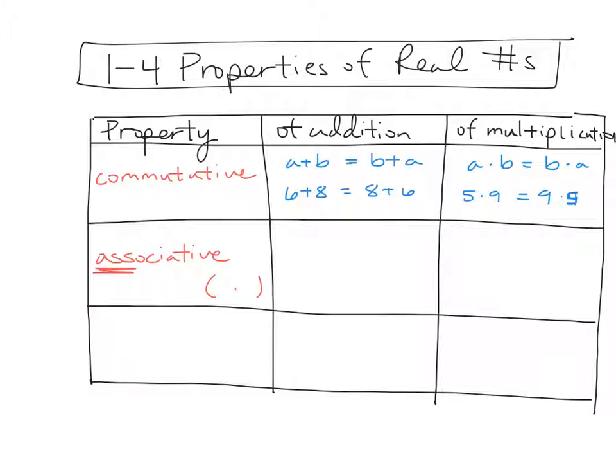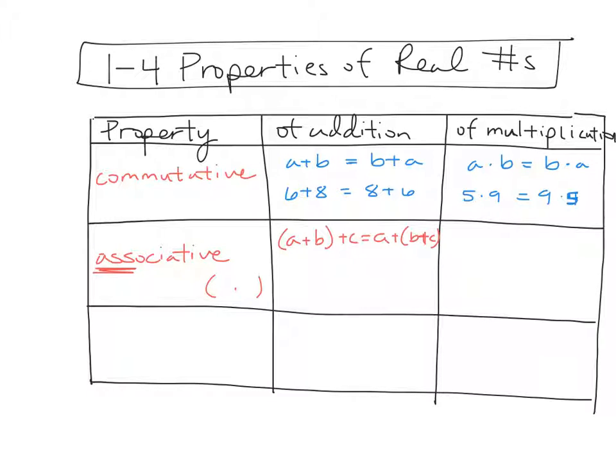So the associative property is like doing this. If I have a plus b, and then I add c to it, it would be the same as if I did a plus and then b plus c in the parentheses. So you can add in different orders, in other words, and still get the same value.